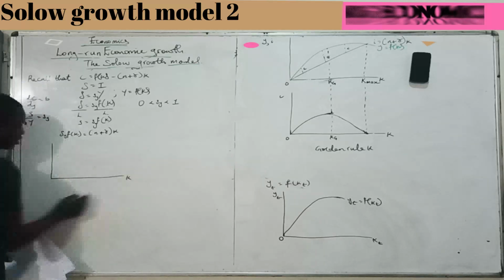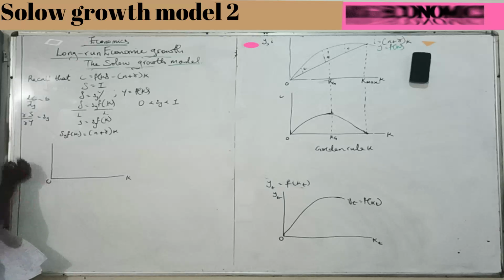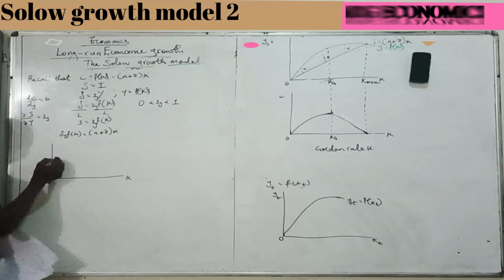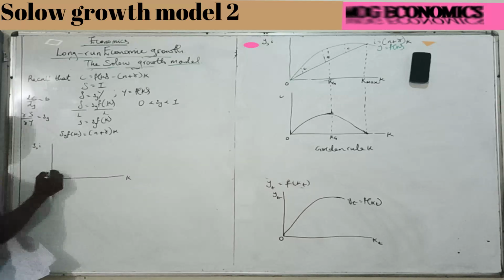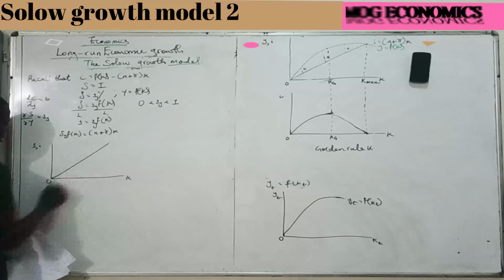So for saving, we have capital per labor on the horizontal axis, then saving, small s, and small i here. Investment is still this straight line.